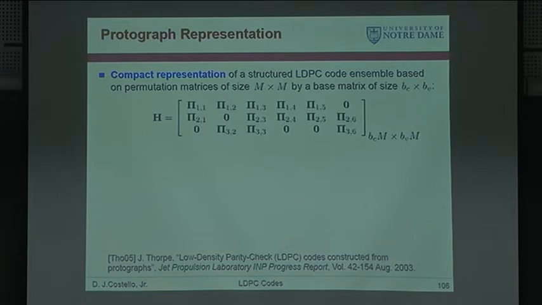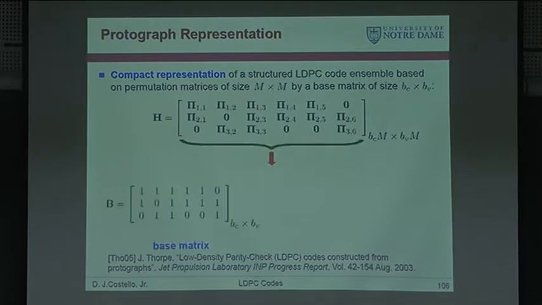If we have an H matrix of the type we just described, of B sub C by B sub V dimensions, with m by m permutation matrices or all 0 matrices substituted in as elements, there's a simple way of representing an ensemble like this.